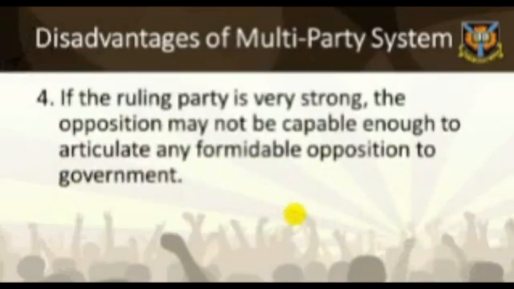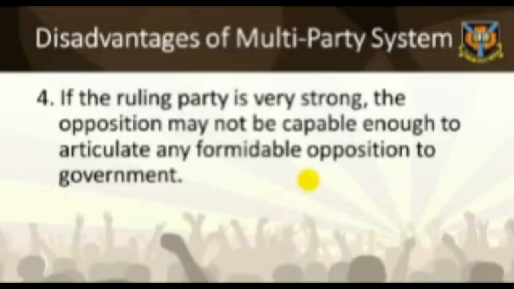4. If the ruling party is very strong, the opposition party may not be capable enough to articulate any formidable opposition to government. This happens when the opposition are very small and weak. This is evident in Nigeria under the current Fourth Republic. The ruling People's Democratic Party (PDP) government enjoys enormous power which cannot be equaled by any opposition.